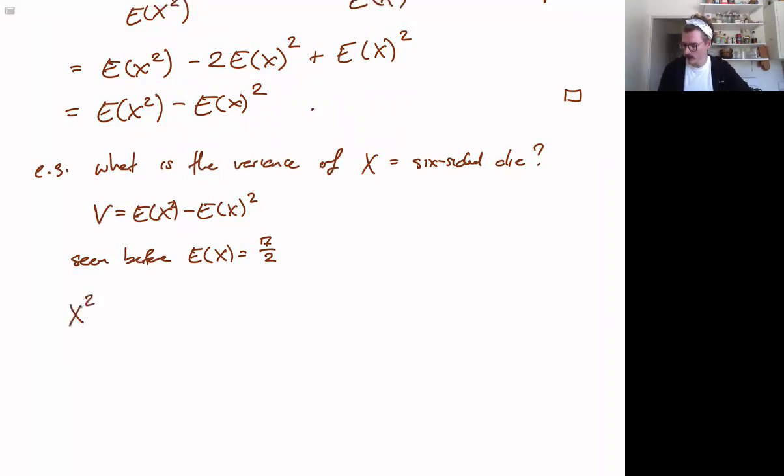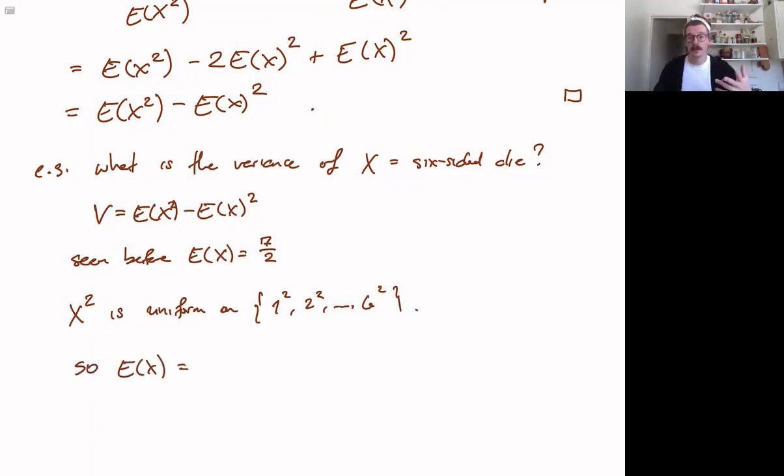Well, x squared is basically the same as x, except you square all the outcomes. So x was uniform on the set 1 through 6. So x squared is uniform on 1 squared through 6 squared. So the expected value of x squared is just, since it's uniform, the literal average rather than some kind of weighted average.